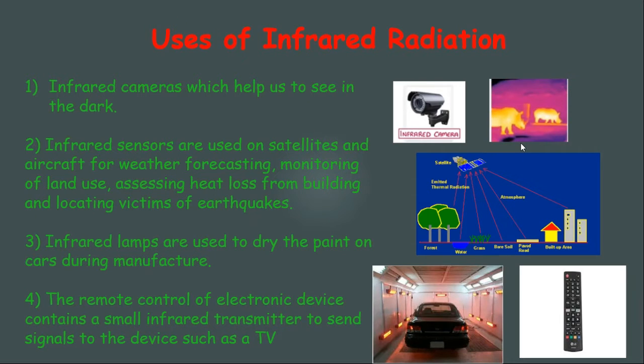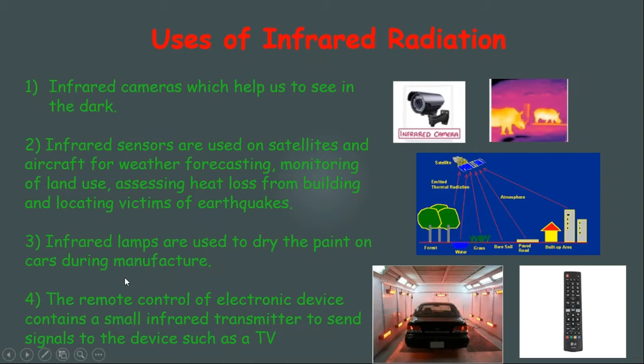Number two, infrared sensors are used on satellites and aircraft for weather forecasting, because different temperatures in infrared will give different colors. Here, it means that the object is hotter than the surroundings. It is also used for monitoring land use, assessing heat loss from buildings, and locating victims of earthquakes. This is the second use for infrared radiation.